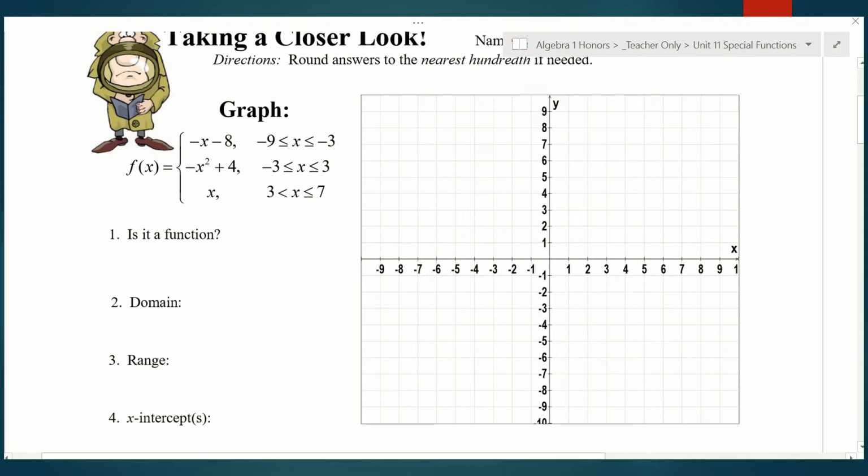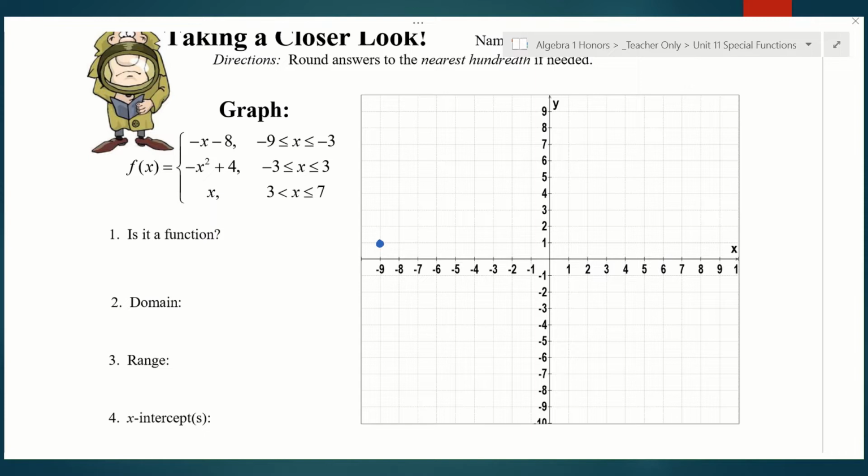So once you have your table pulled up, let's look at where x is negative 9. And you should see that when x is negative 9, y is 1. So our first point on this piece of our piecewise function is negative 9, 1. And notice I used a closed circle because negative 9 was included in that interval. So now I have to plot points all the way until x is negative 3.